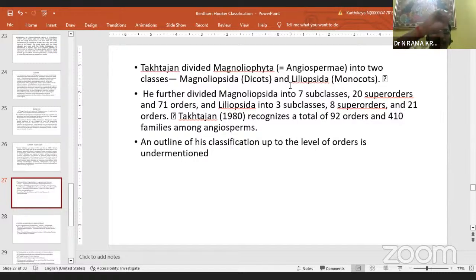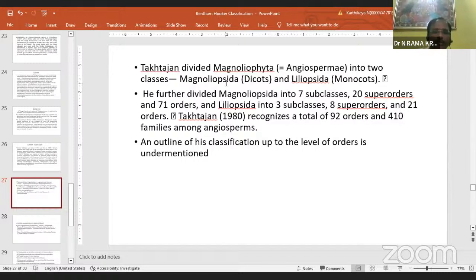Bentham and Hooker divided Angiosperms into two, that is dicots and monocots. In Takhtajan, the entire plant kingdom is divided into only two categories, that name is Magnoliophyta. Magnoliophyta means Angiosperms. These Angiosperms are divided in two. One is Magnoliopsida.